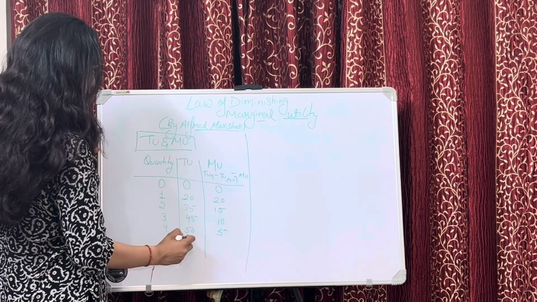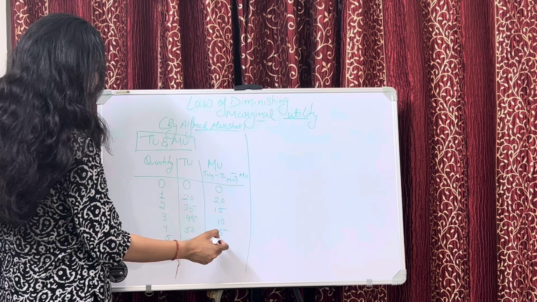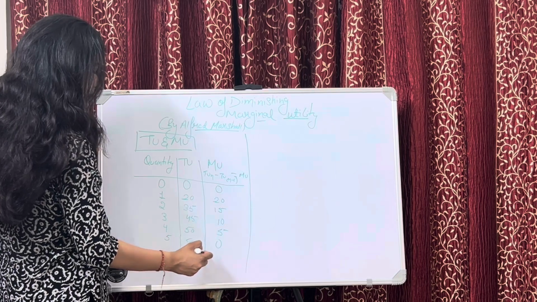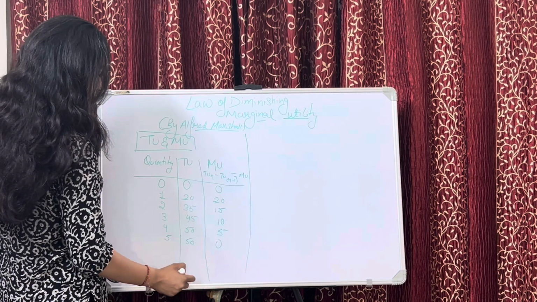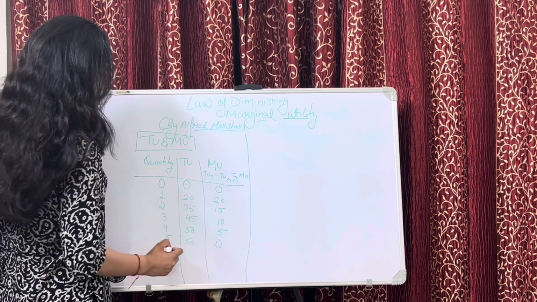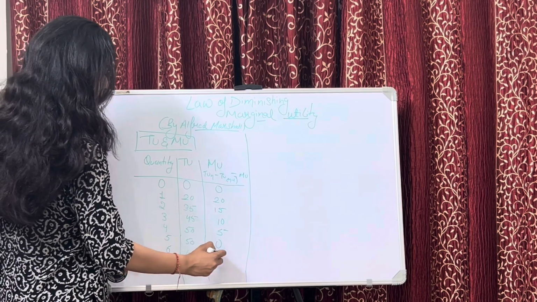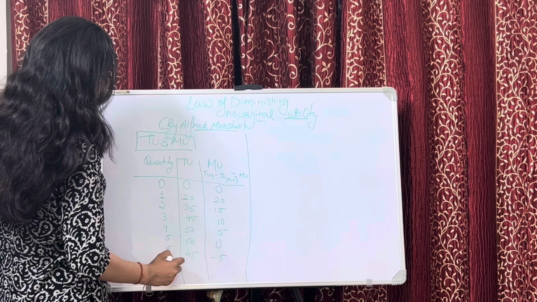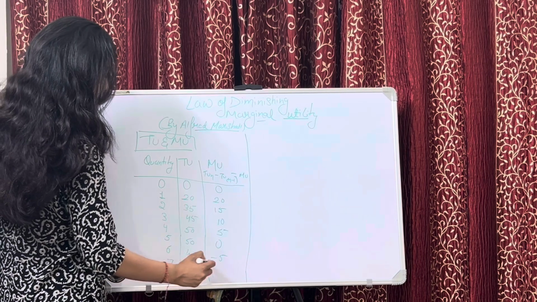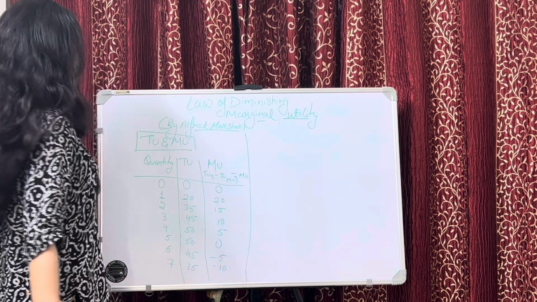And your fifth, suppose here also 50, and here we're going to calculate the 0 marginal utility. And sixth, suppose 45, it will be minus 5, and seventh, it will be 35, it will be minus 10.